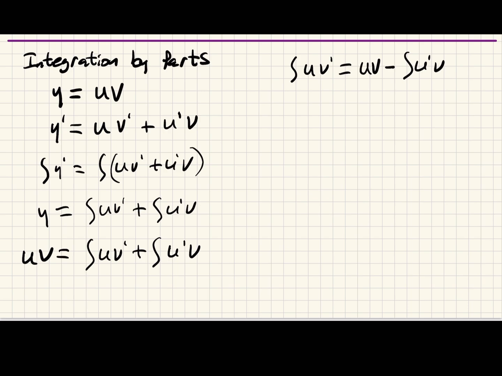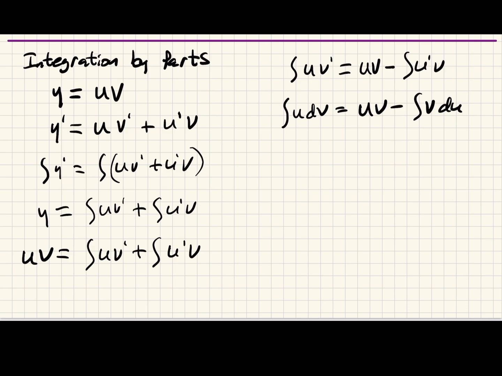Okay, we could use some other notation too. Like I could say this is integral u dv, couldn't I? And that's equal to uv minus integral, and I could call that v du. I could do that.